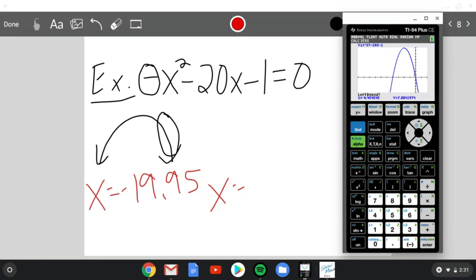So it's to the left, we hit enter, to the right, negative 0.05. Okay, great. All right, let's do one more.